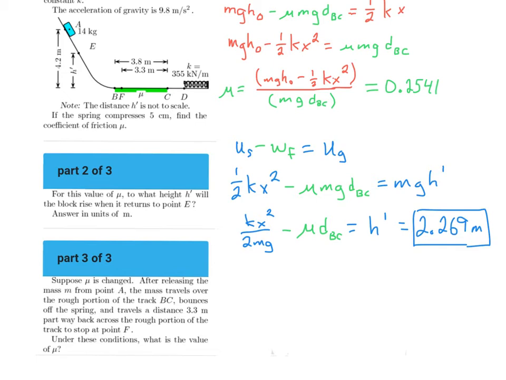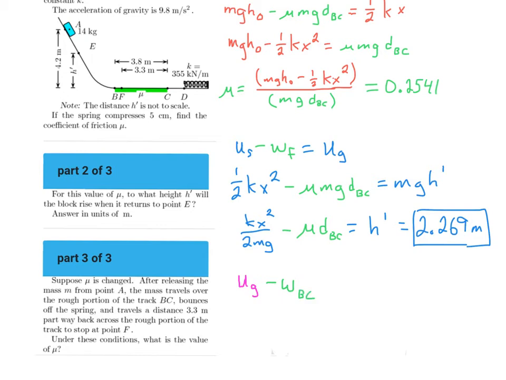All right, so now we're merging this all together. Okay. So we start off with our gravitational potential energy at the top, just like what we did last time. It's going to slide down, and we're going to lose some energy due to work done from section BC.